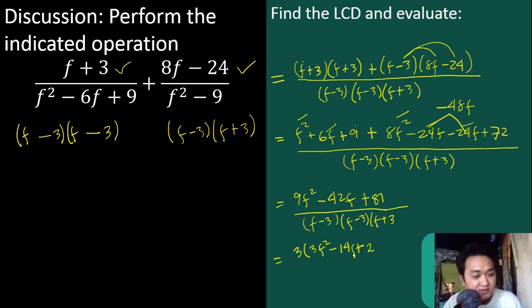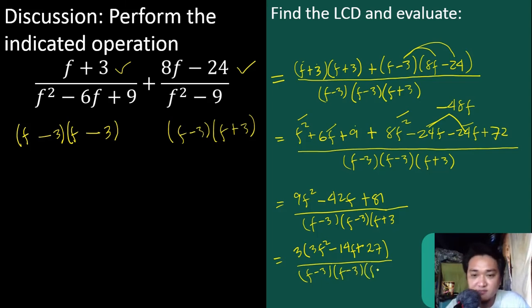Oops, sorry, I forgot f. Negative 14f plus 27, over f minus 3 times f minus 3 times f plus 3.